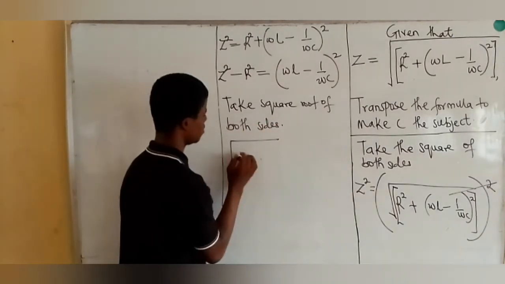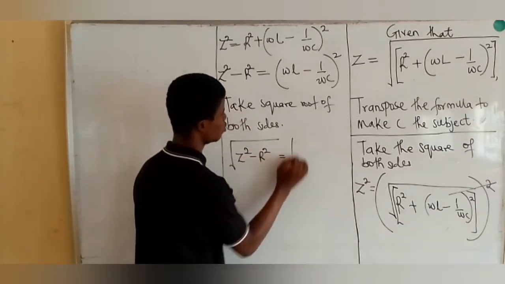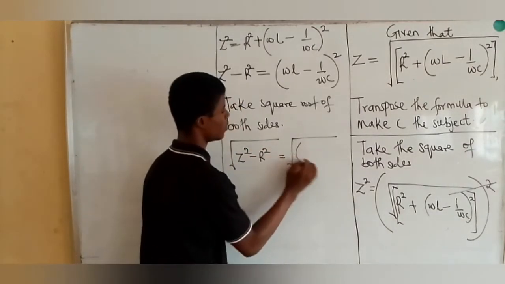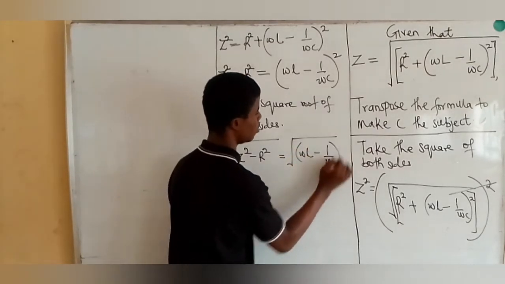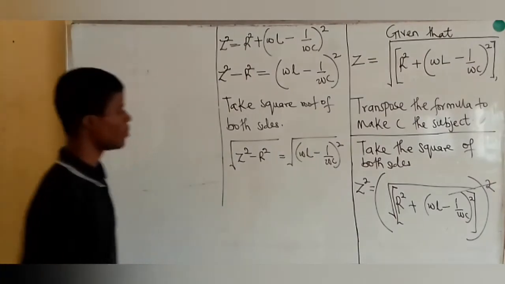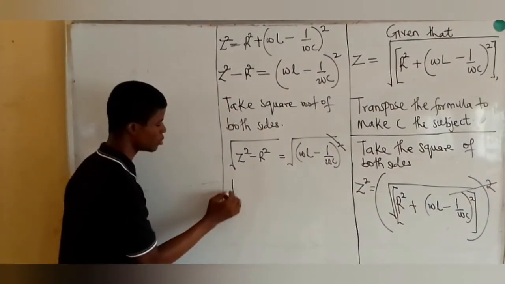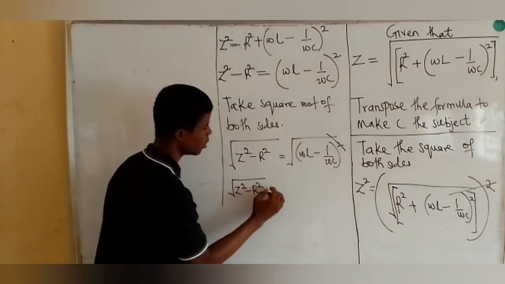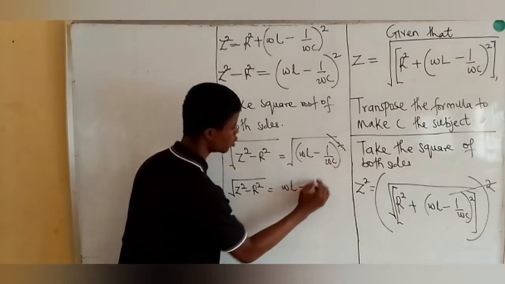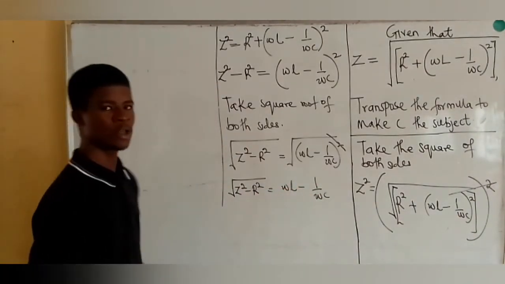I will take square root of Z squared minus R squared is equal to the square root of (omega L minus 1 over omega C) squared. So what will happen? The square root takes away the square. I have root Z squared minus R squared equal to omega L minus 1 over omega C. Good. The thing is almost done.